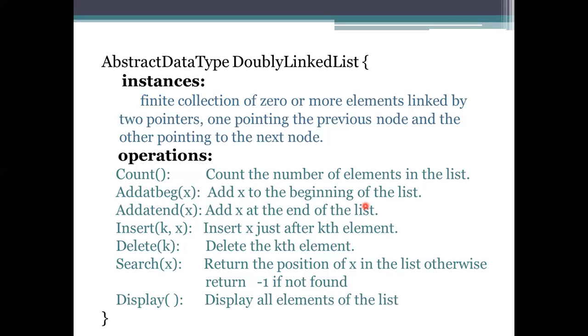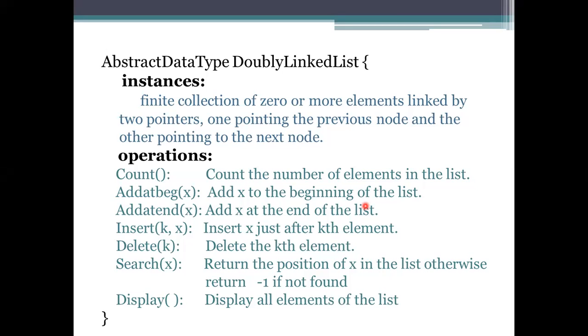What are the operations you can perform on this doubly linked list? As with the single linked list, count the number of elements in it. If you want to add, that is insertion at the beginning, at the end, and insertion at any point, meaning after the node or before the node.